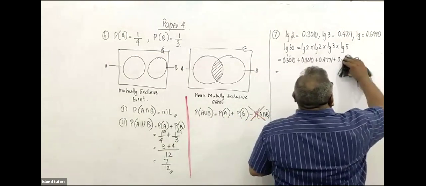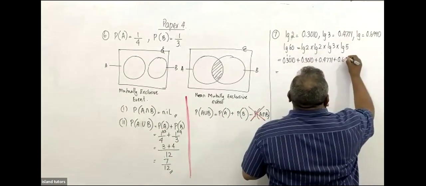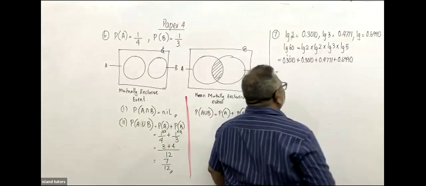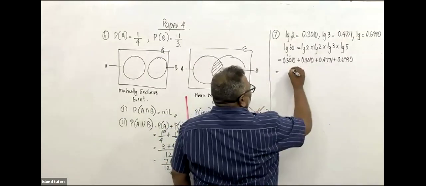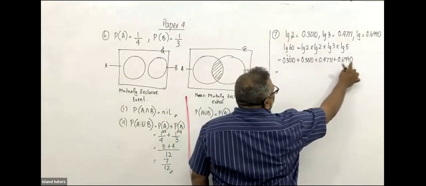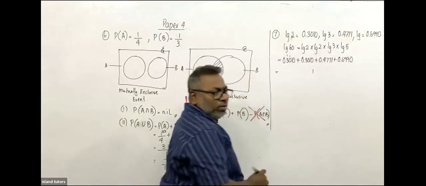This should be, sorry, 6990. Let's add it. 0 plus 0 plus 1 plus 0 is 1.